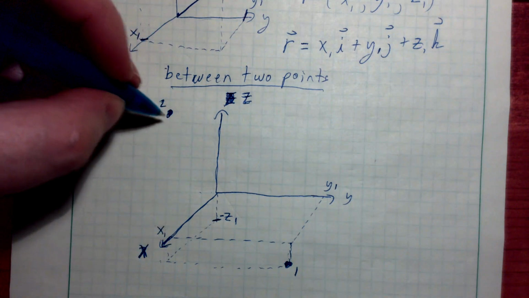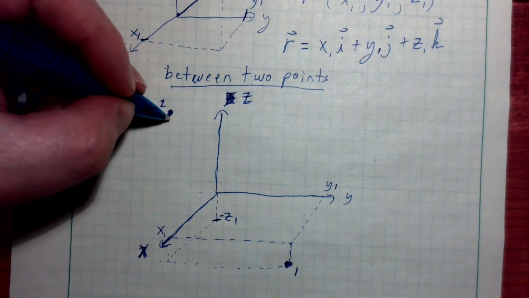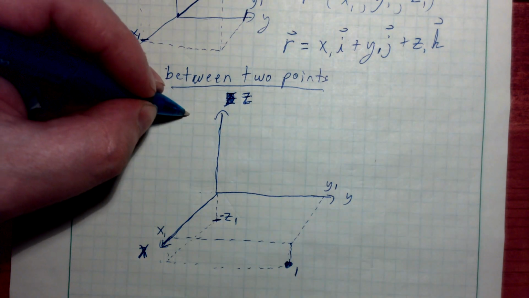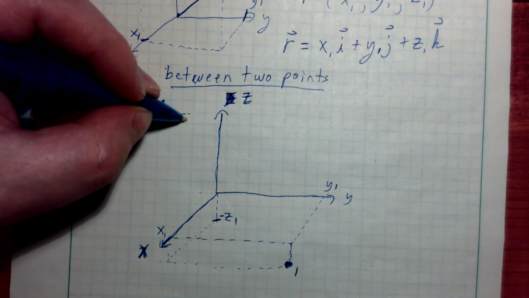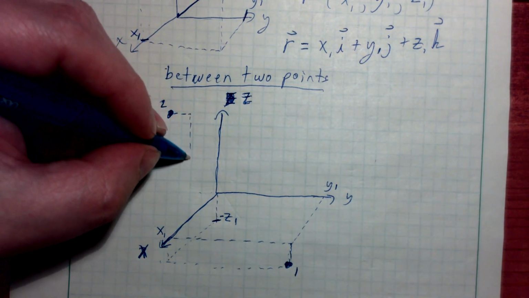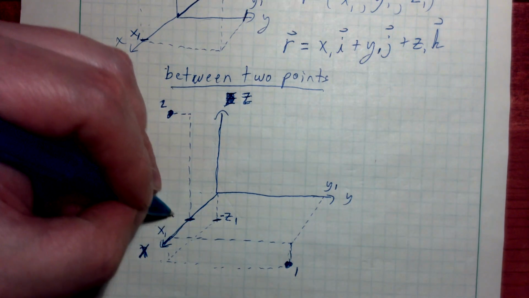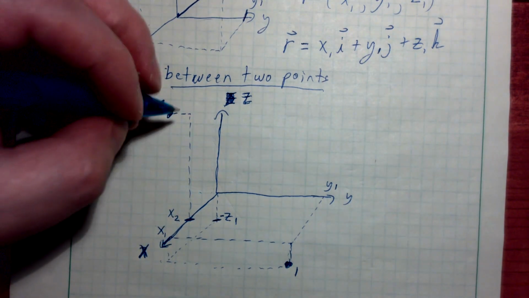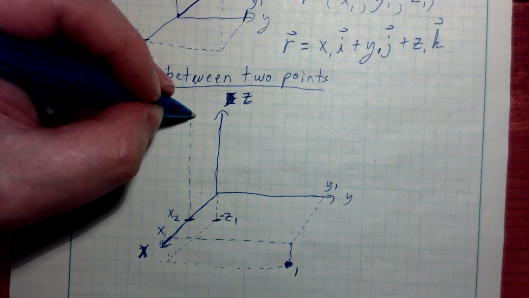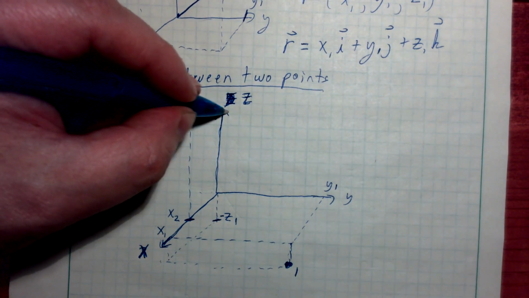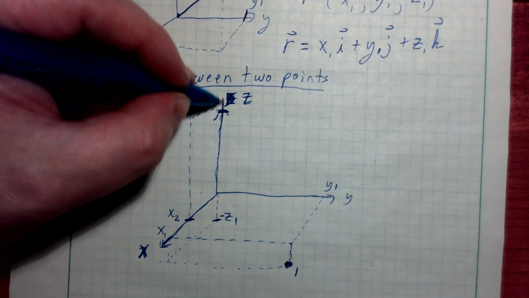So let's locate point 2, shall we? If I dot here in the y direction to where it's right above the x-axis, and then dot straight down, we find its location on the x-axis. We'll call that x2. I'm out here at the very top of what I've drawn for the z-axis, so you can draw a little taller if you like.